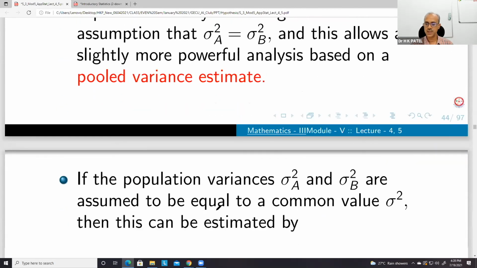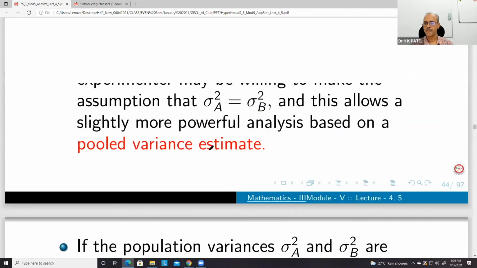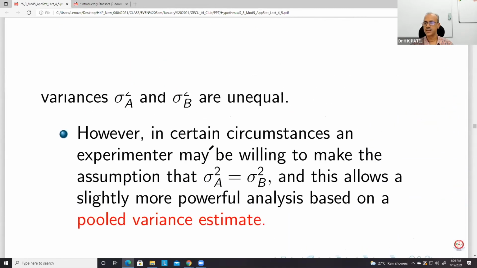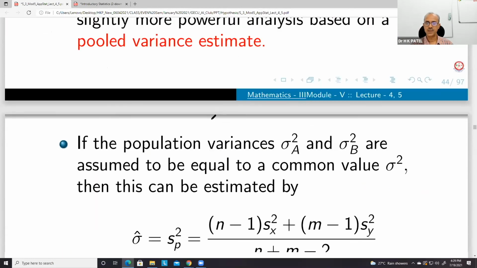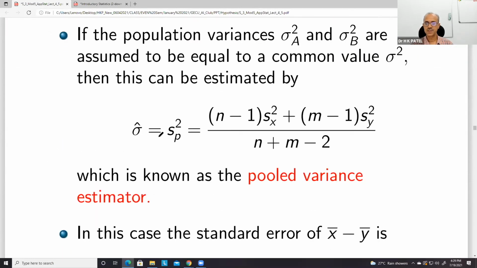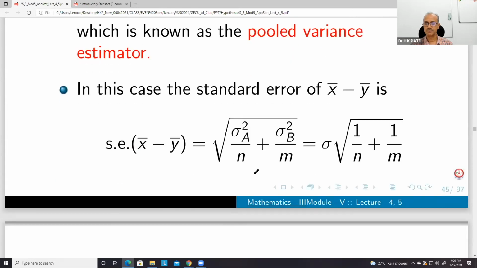So in this case, we approximate sigma A, sigma B by sigma cap, which is known as pooled variance.